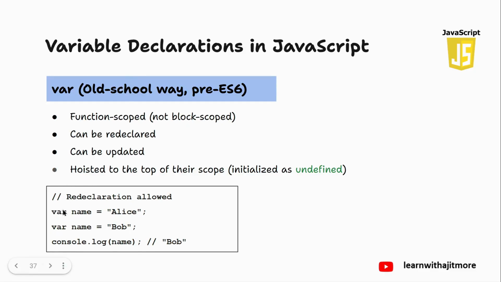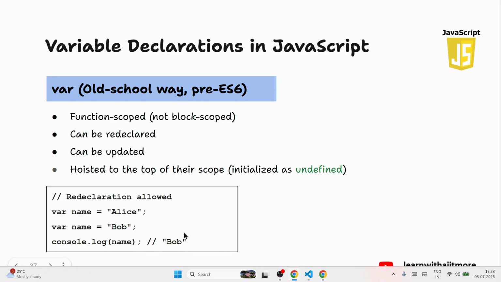That is, prefer declaring variables using let or const. But I need to tell you the older style was var, and it is still carried forward. It is still allowed to use in today's script as well. So redeclaration allowed. When you try to print the value, it takes the latest value, that is Bob.